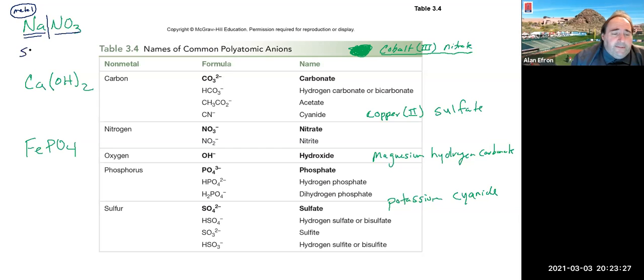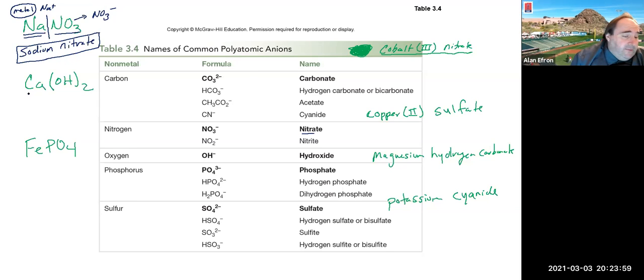So we basically just need to use the whole name of the metal. We could recognize this hopefully as NO3 minus from the chart, which the name of that guy is nitrate. And we would simply just put nitrate there. And this would be sodium nitrate. It's NO3 minus, and that's because sodium has a +1 charge. +1, -1 needs one of each of them. Any questions on that one?